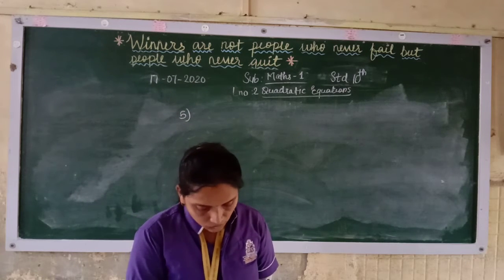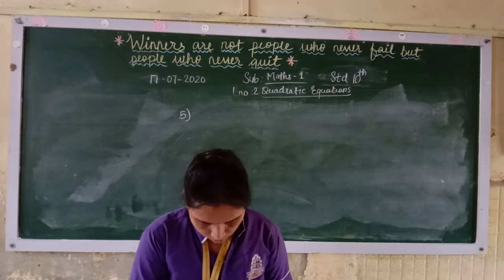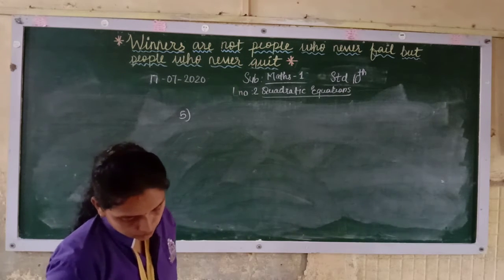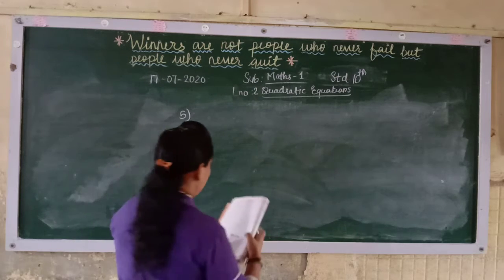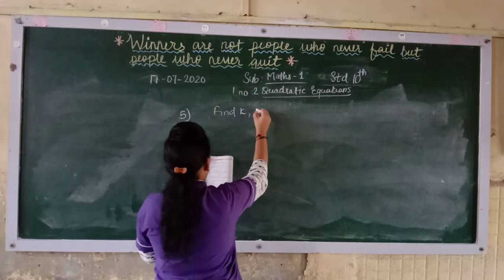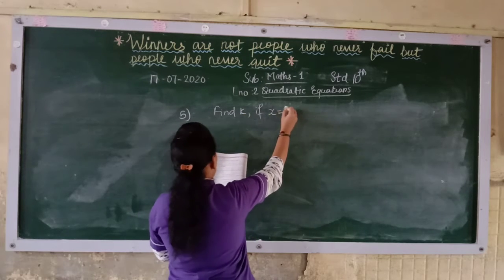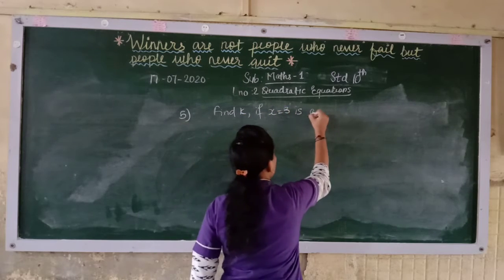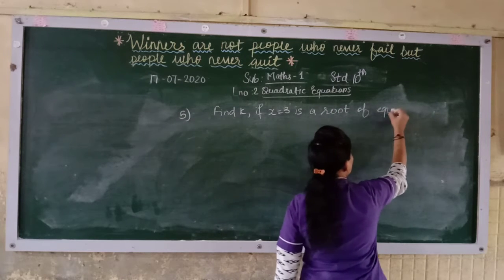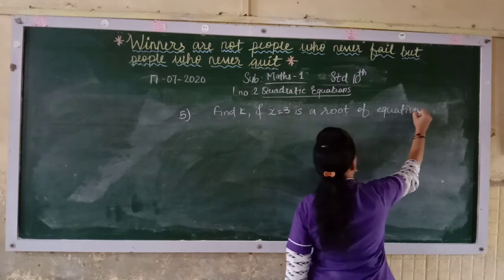Find k. Find the value of k if x is equal to 3 is the root of the equation. What equation have they given?